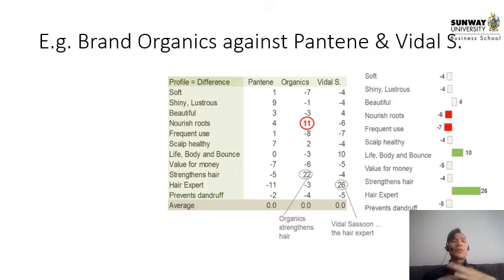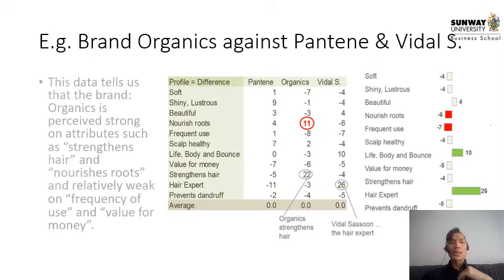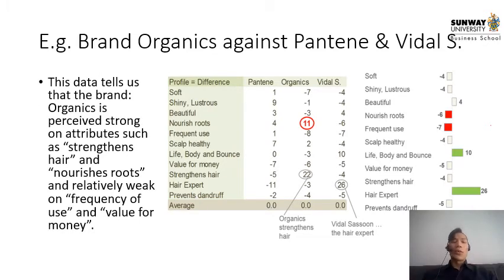So for example, if you look at this particular one here, we can see that the data tells us that organics, the brand organics, is perceived to be strong on the attributes that it strengthens the hair, here 26, as well as nourishing the roots.